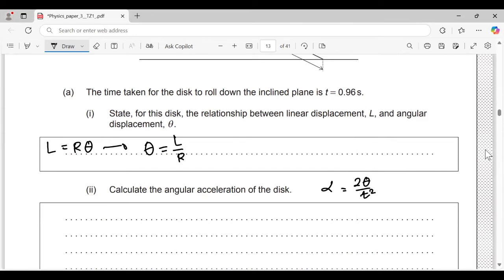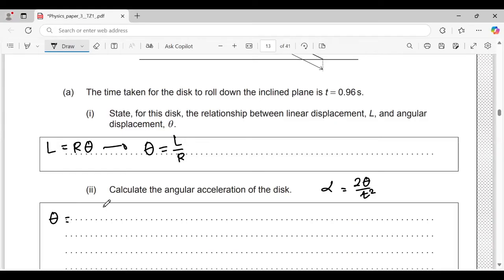This formula is the rotational kinematic equation. So alpha is angular acceleration, t is time, while theta is the angular displacement. So we need to determine theta first.